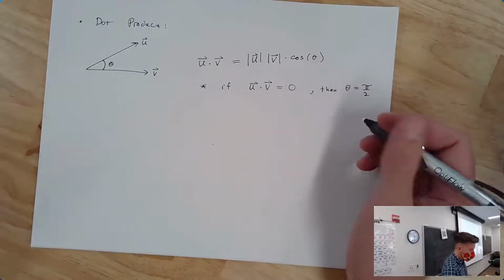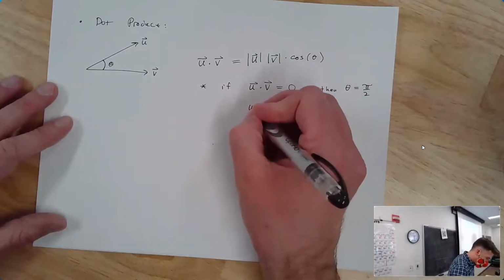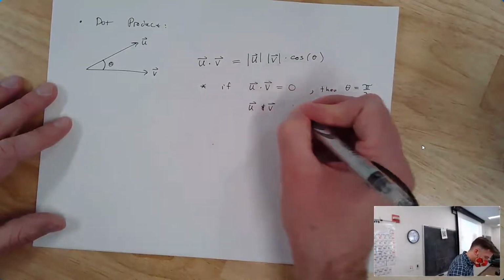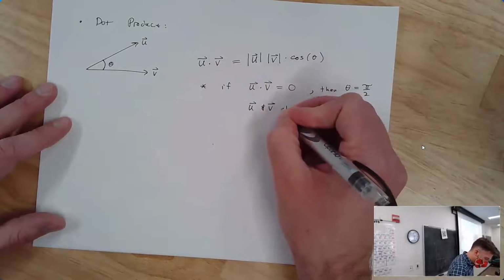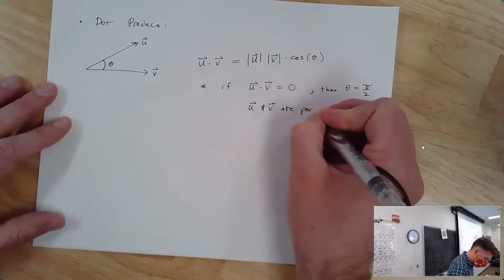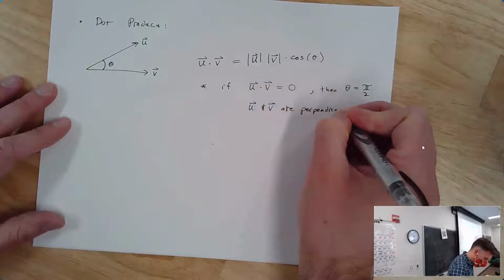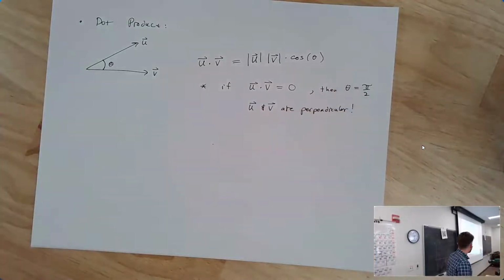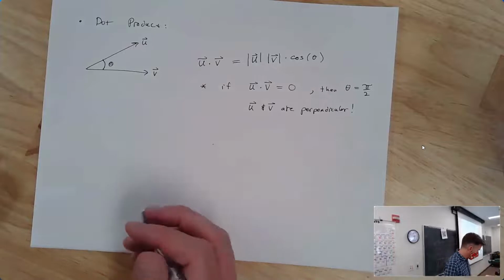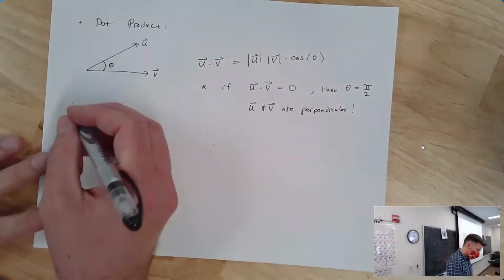Or more generally, we say that u and v are perpendicular. So if you ever are told that the dot product of two vectors is 0, you're like, oh, those vectors are perpendicular to each other, or orthogonal to each other is another word we use to mean the same thing.